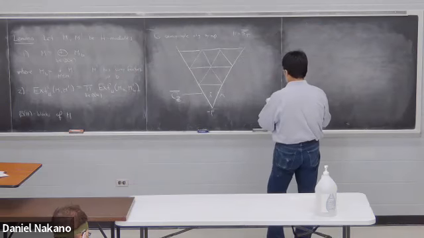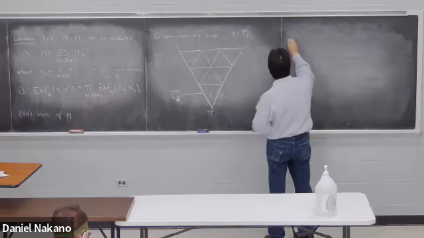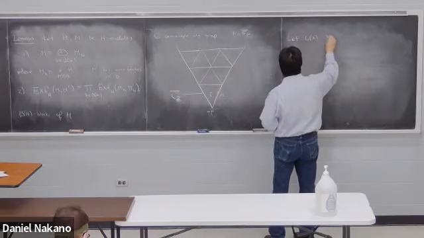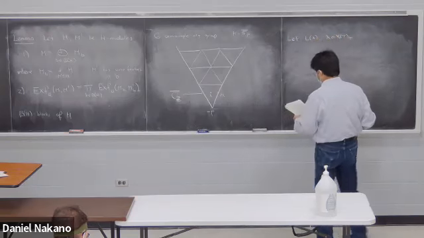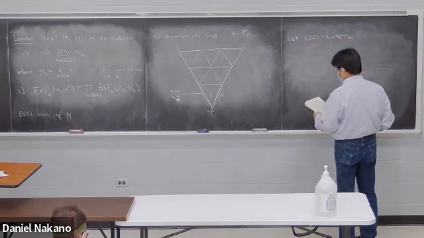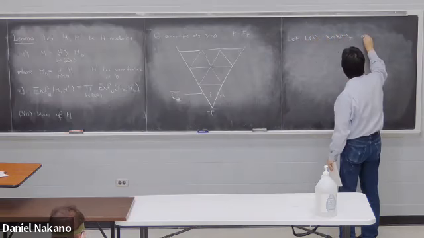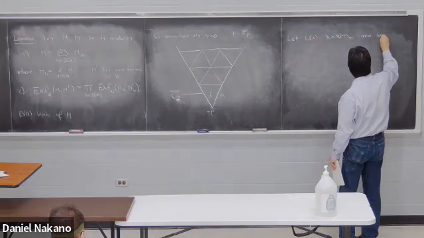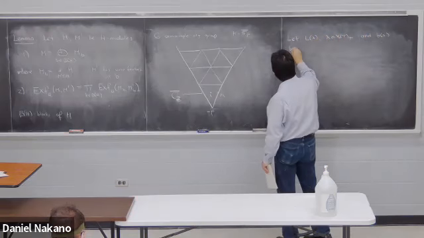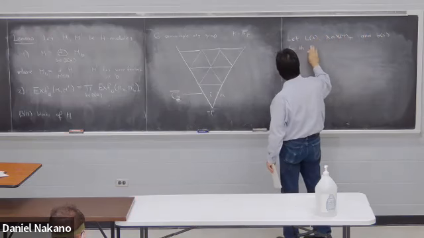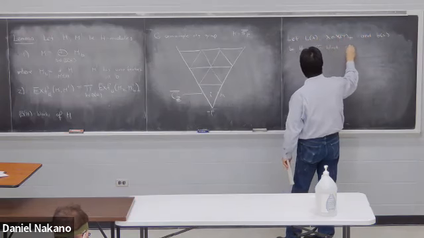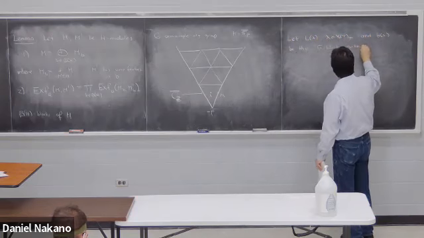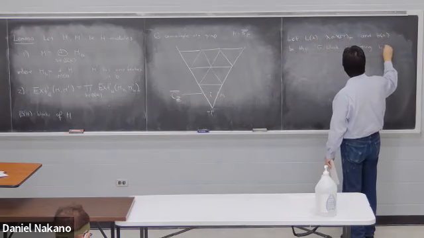So let me say this. Let L lambda be an irreducible representation, and B lambda be the G block containing L lambda.